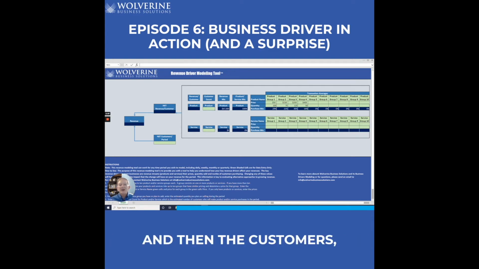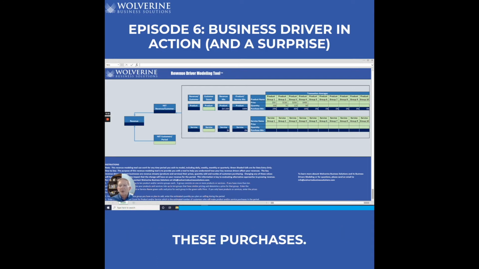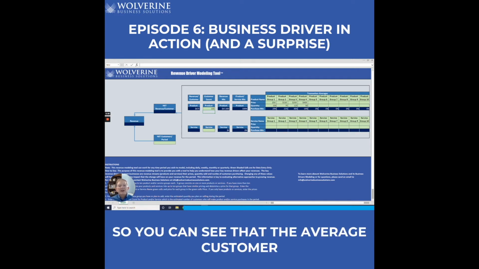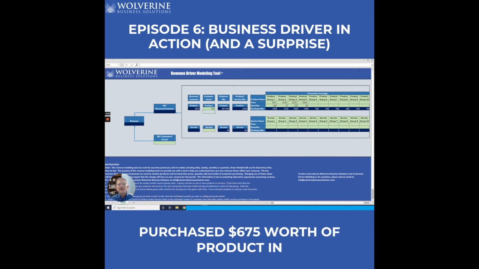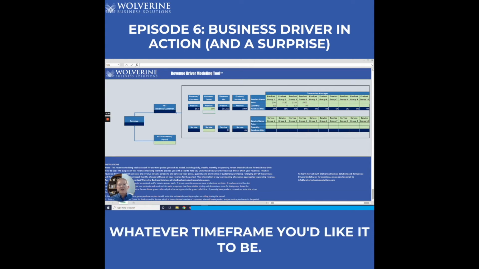And then the customers, the number of customers that made up these purchases, make it 100, keep it simple. So you can see that the average customer purchased $675 worth of product in this period. Now, the period can be a day, week, month, quarter, year, whatever time frame you'd like it to be.